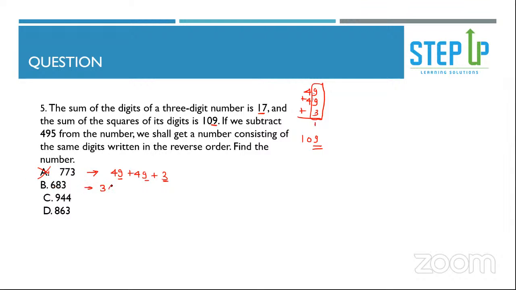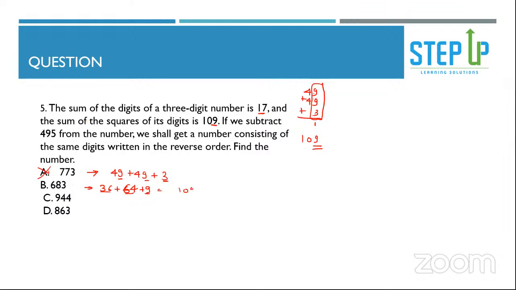Let's check this one. 6 square is 36, 8 square is 64, and 3 square is 9. 36 plus 64 is satisfying.